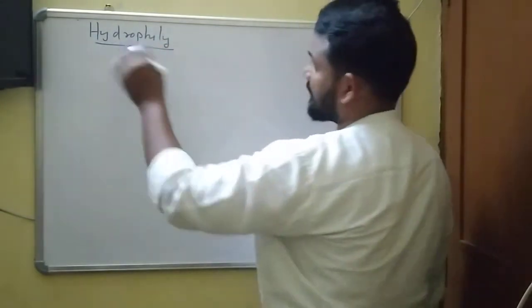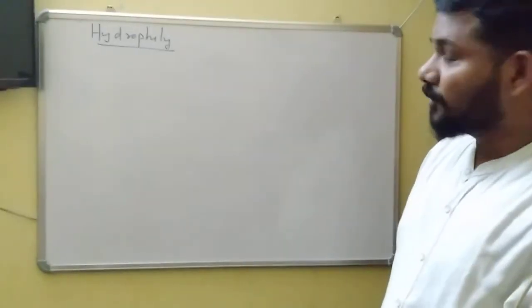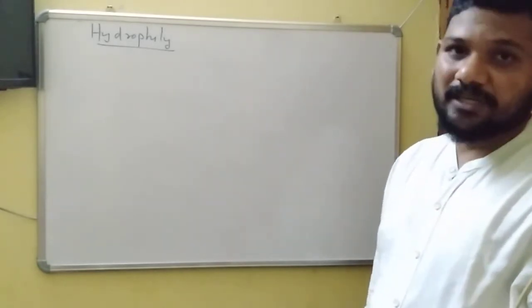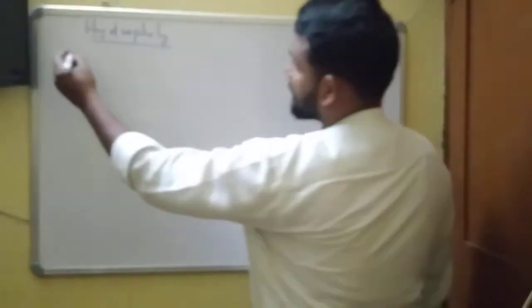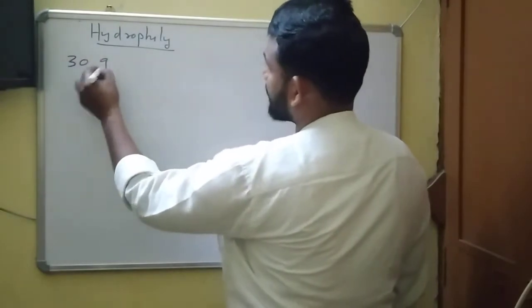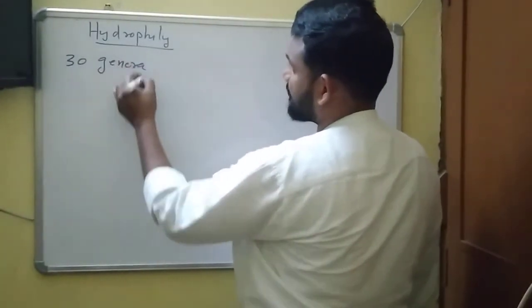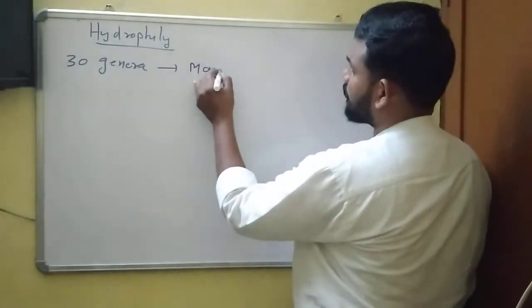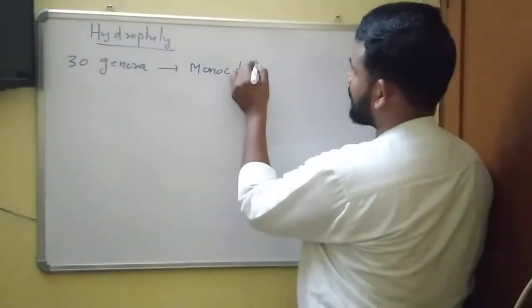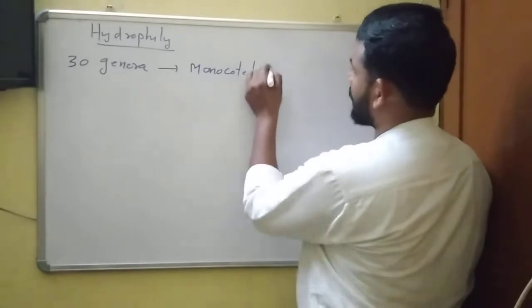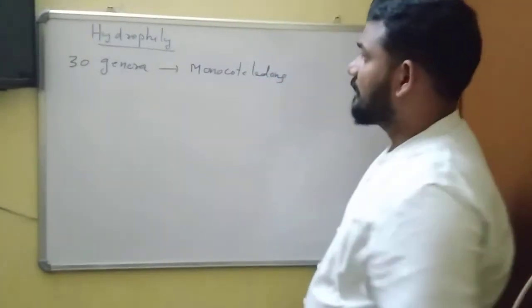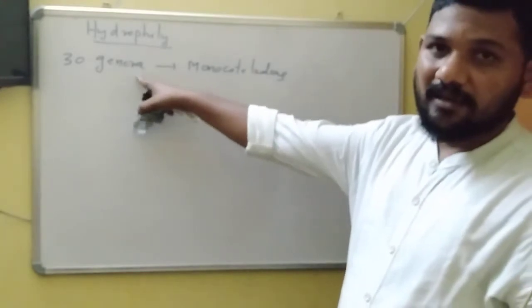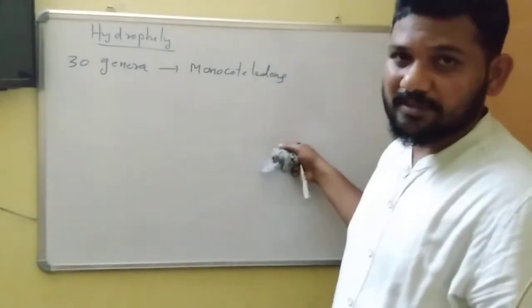Hydrophily is usually restricted to only 30 genera, means 30 genus, and these 30 genus are mostly monocotyledons or monocots. Hydrophily can be seen in only 30 genera, and they are mostly monocots.